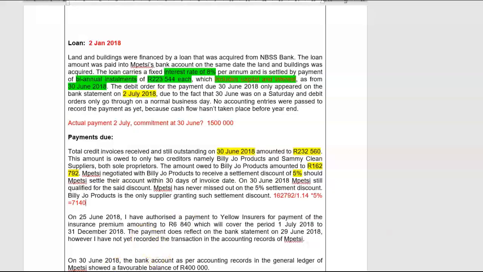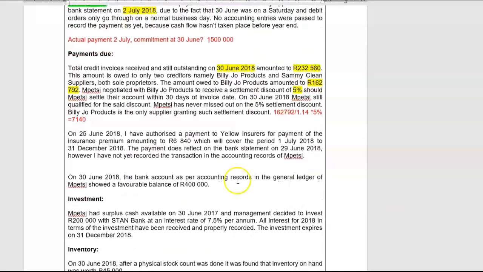The last portion of the question says, on 25 June 2018, I, that's not Ismail, have authorized a payment to Yellow Insurers for the insurance premium amounting to 6,840, which will cover the period from 1 July 2018 to 31 December 2018.